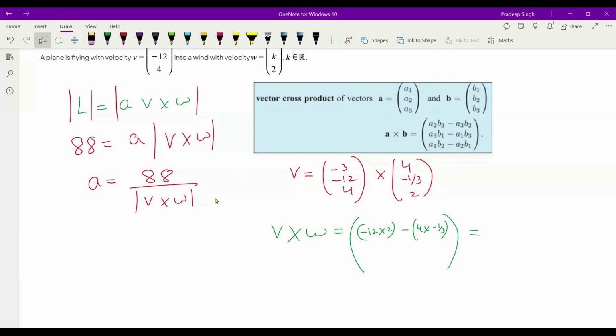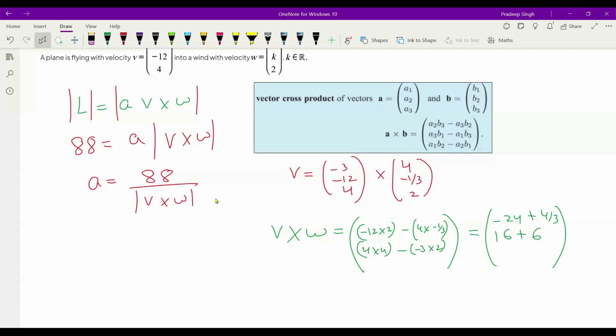Let's simplify this before we move ahead. So we'll get -24 plus 4/3. That's the X component, which can be simplified further. For the Y component, we employ the same formula. So we'll write 4 into 4 minus -3 into 2, which we can simplify to 16 plus 6.